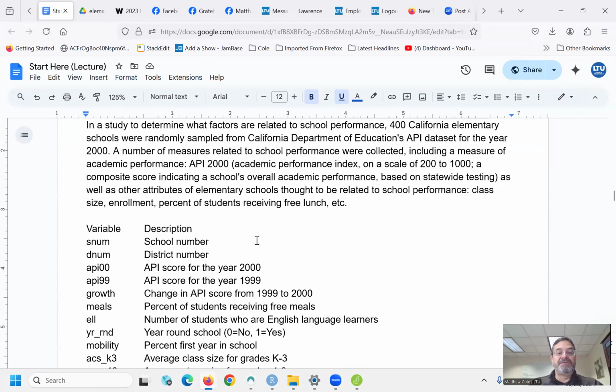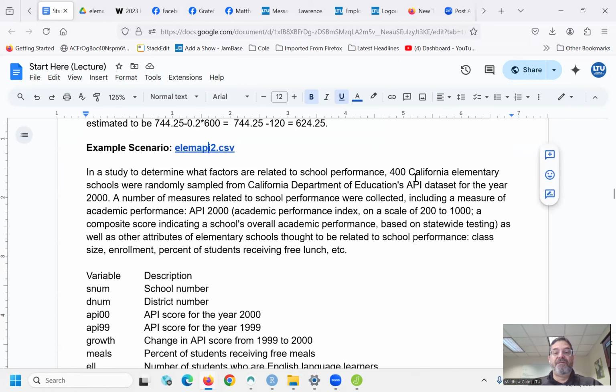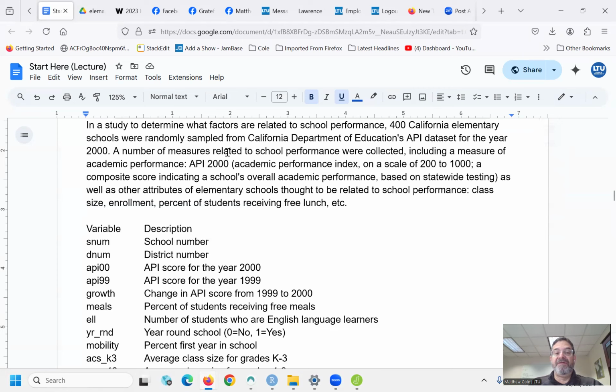So these are data from 400 elementary schools, randomly sampled from California for the year 2000. And our dependent variable, what we're looking at, is academic performance or school performance. The measure of academic performance is called API 2000, or here it is, API 00.